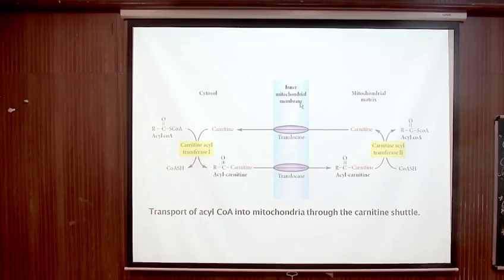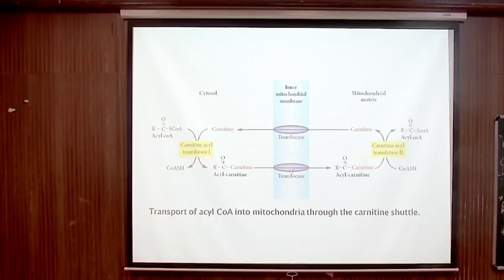So you have this inner mitochondrial membrane, the outer surface and the inner surface. In the outer surface you have the carnitine acyl transferase 1. Inner surface you have the carnitine acyl transferase 2. So the fatty acyl coenzyme A will be converted to acyl carnitine by using this carnitine and carnitine acyl transferase 1.